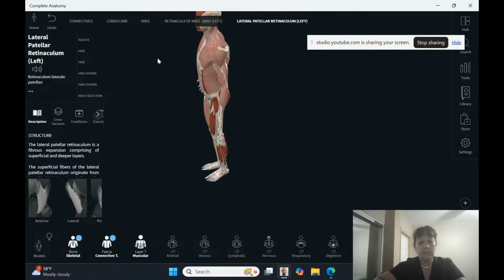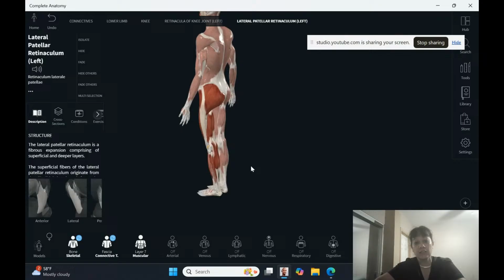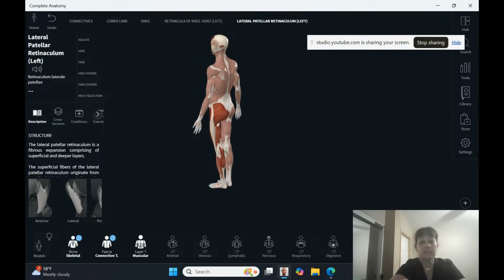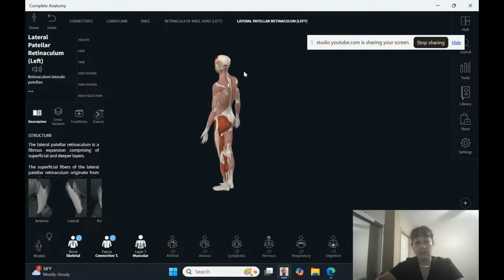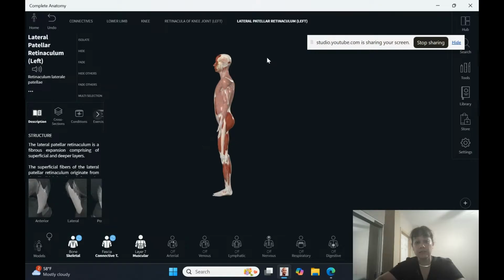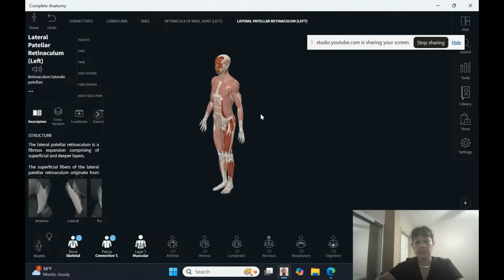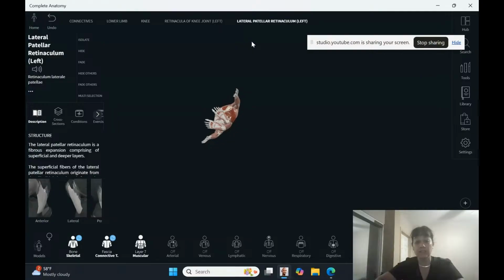Let's see if I can. So it doesn't, that's right, we went over this before. It doesn't allow you to put them face down or up really. It's just like this, unless you want to go like that and then look from the inferior or the superior view, but you can't turn them to the side.